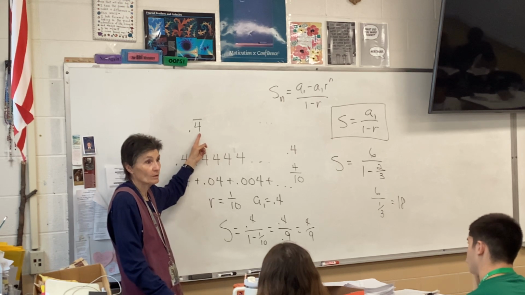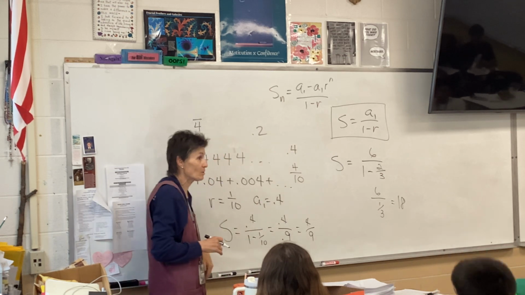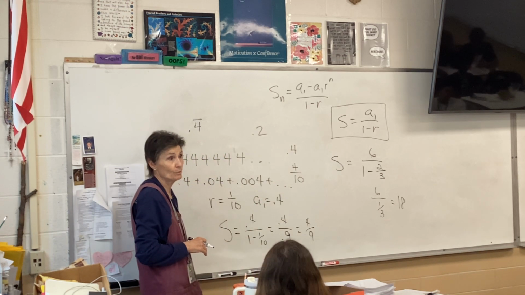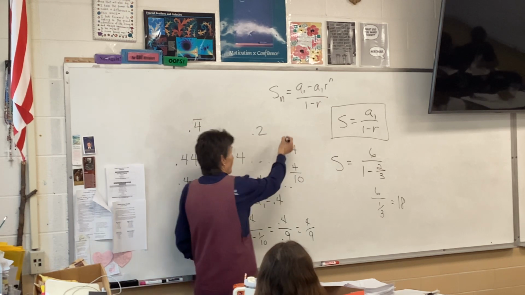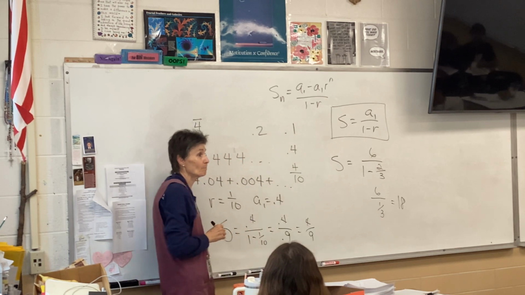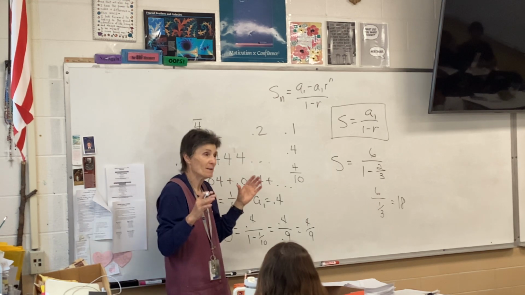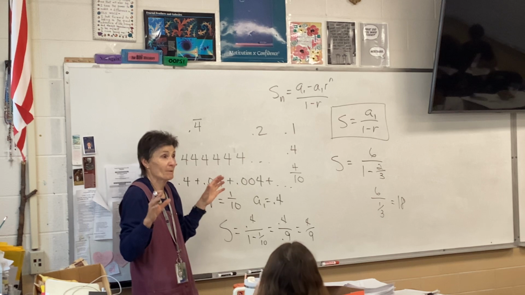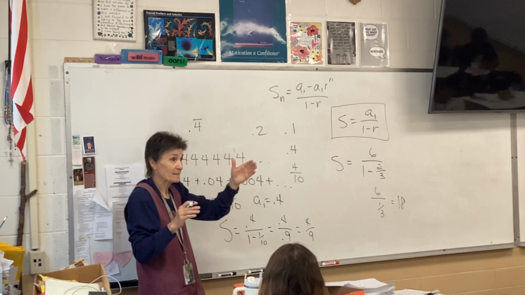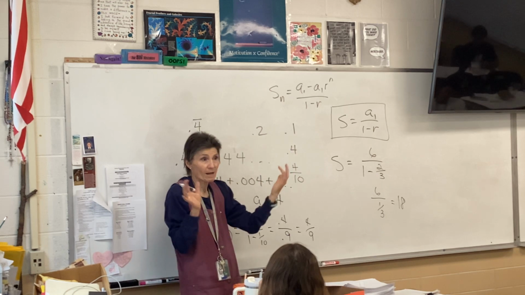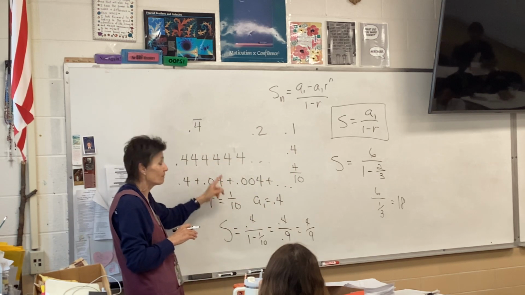So if we had 0.2, that one is always going to be 2 ninths. If we had 0.1, that one would be 1 ninth. That's the rule. Now again, I'm not big into memorizing all this, but it always works. 0.7 is going to be 7 ninths every time, or you can write it out with your infinite formula.